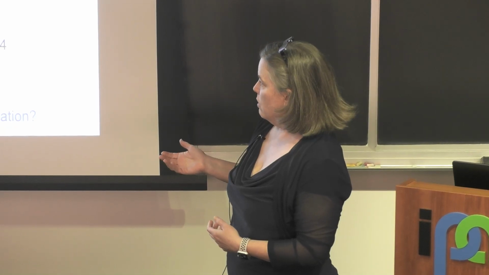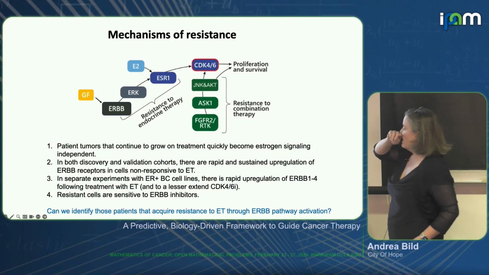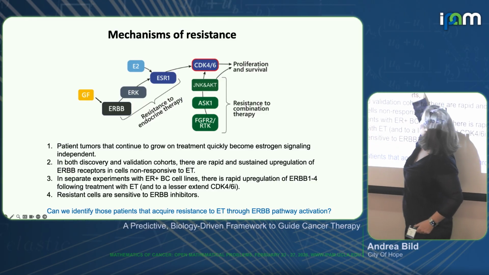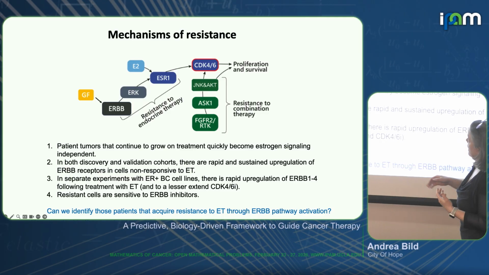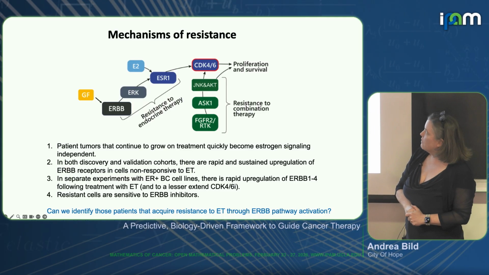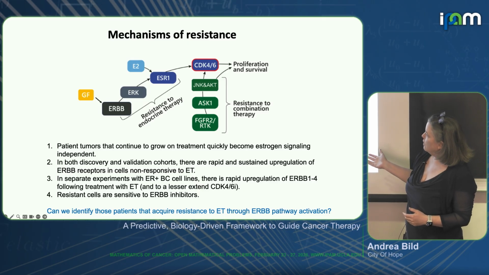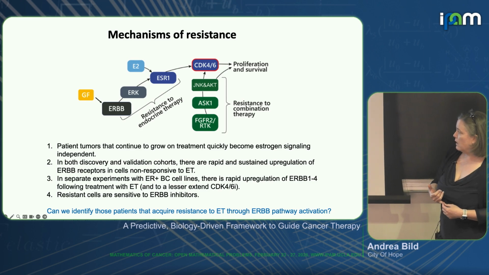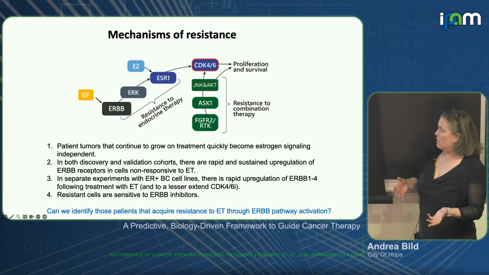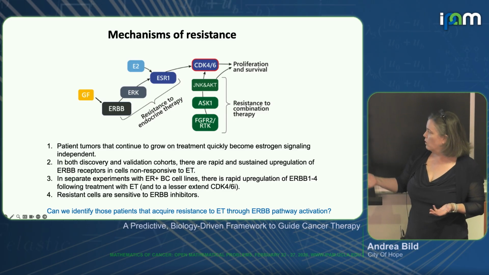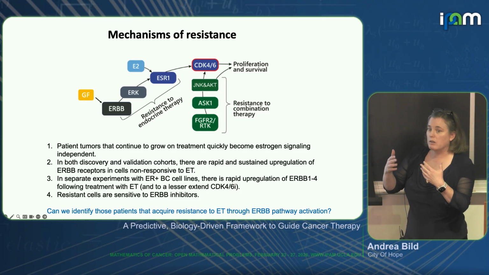So far, from both the patient data and the experimental data, we have this new compensatory pathway, ERB, that can lead to ERK activation and turn back on estrogen-related signaling pathways and cell cycle proliferation. This was seen in both the discovery and validation cohorts and the experimental cell lines, and we see biological evidence that this is a common mechanism where ERB receptors are upregulated at the protein level.